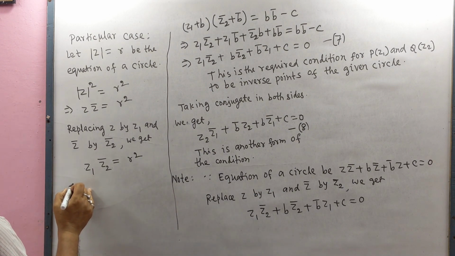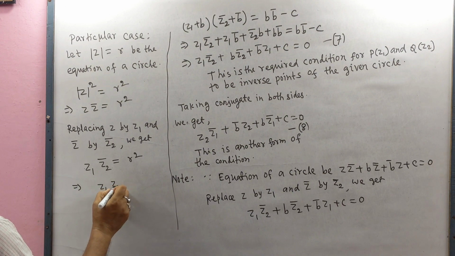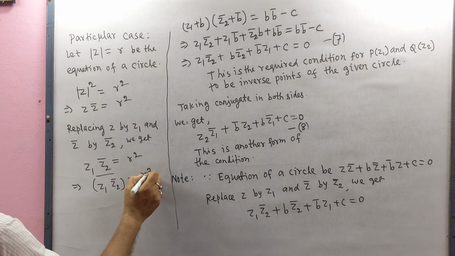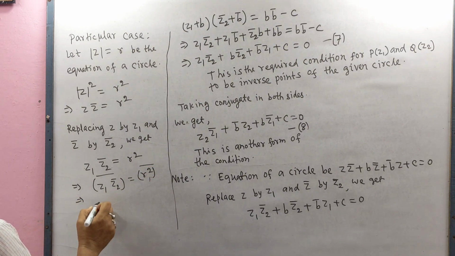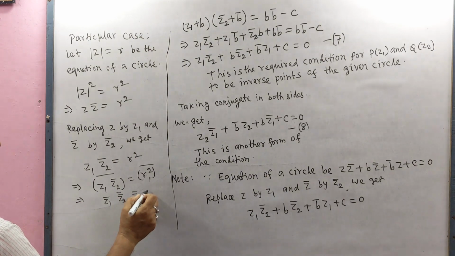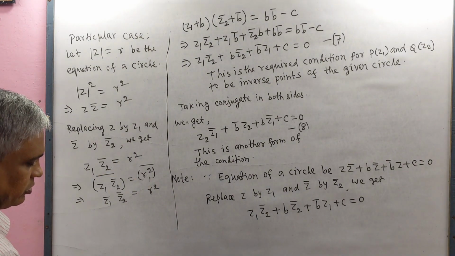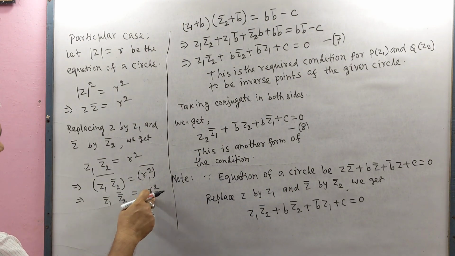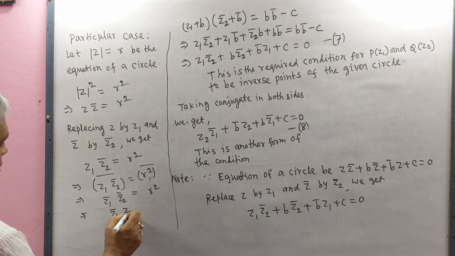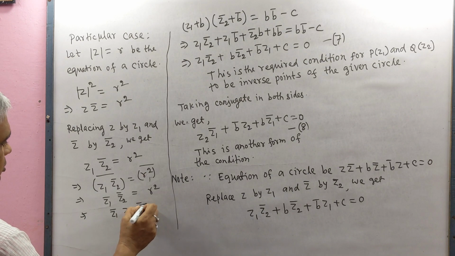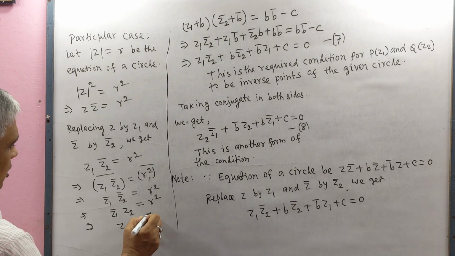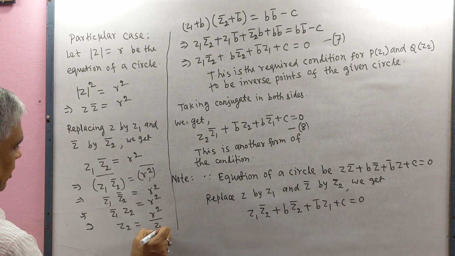Taking conjugate both sides implies that Z1 bar Z2 equal to R square, since R is a real number, R square conjugate will be the same real number. This implies that Z2 equal to R square by Z1 bar.